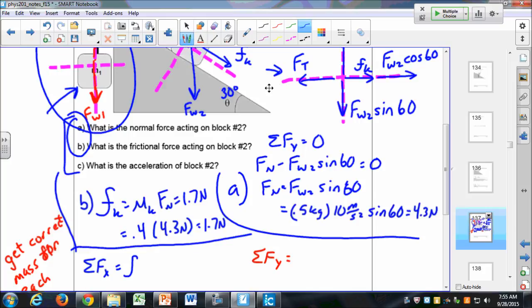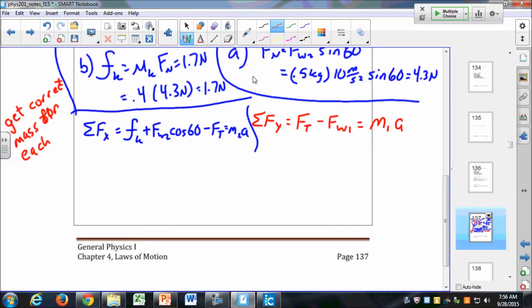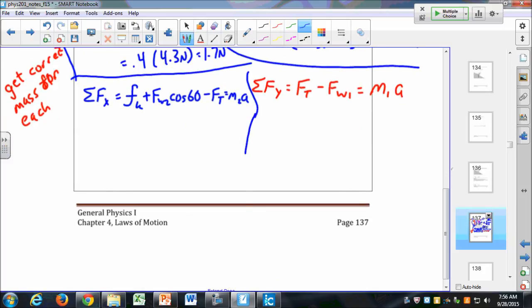I'm going to go and start writing this. All right, so my equations look something like this, just doing the sum of the forces in the x and in the y.